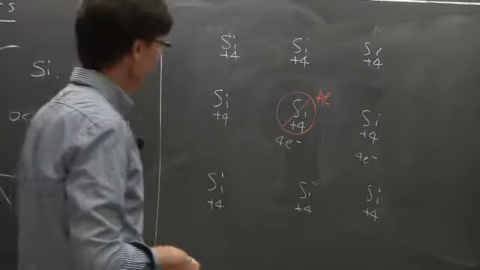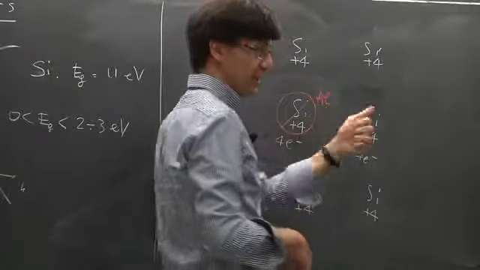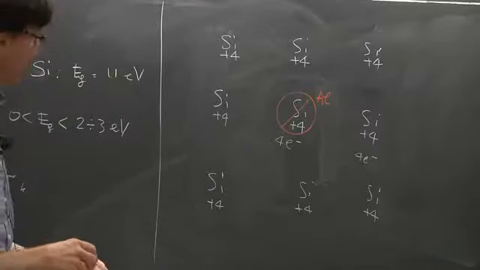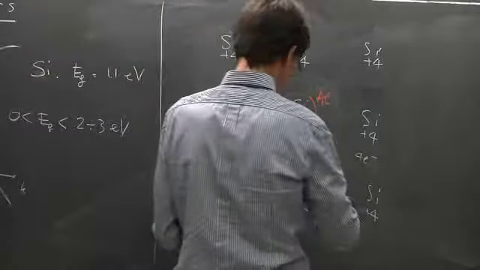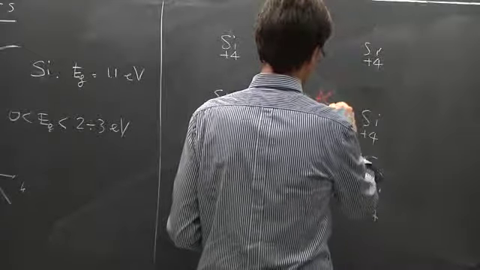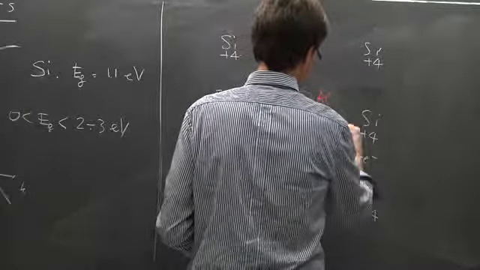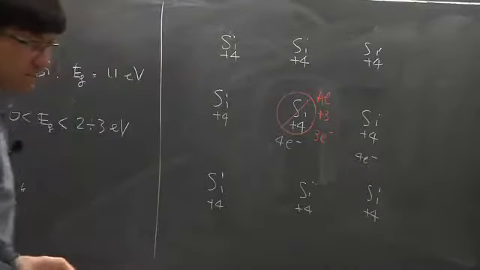Now, of course, aluminum is no longer +4. Aluminum is to the left of silicon in the periodic table, so aluminum is +3, but at the same time, it carries 3 electrons, the atom.